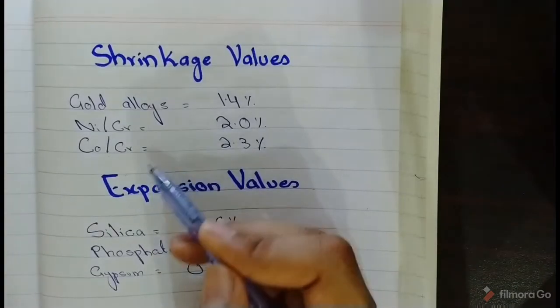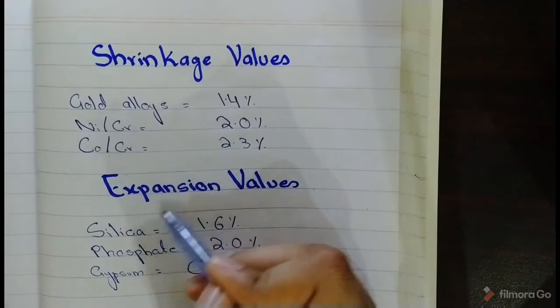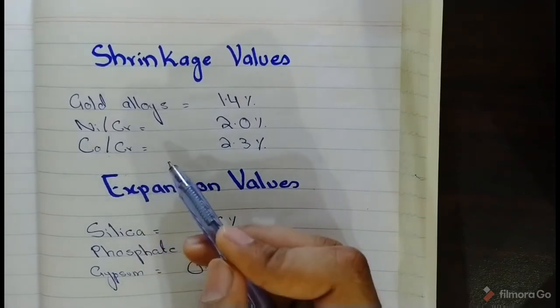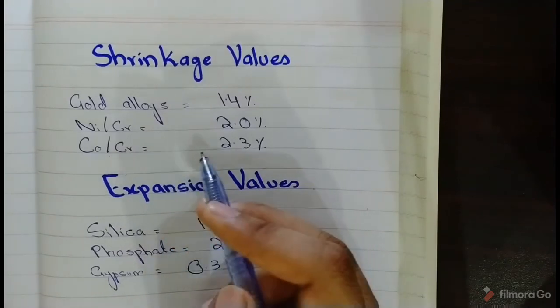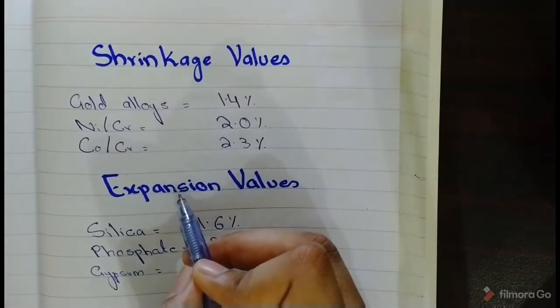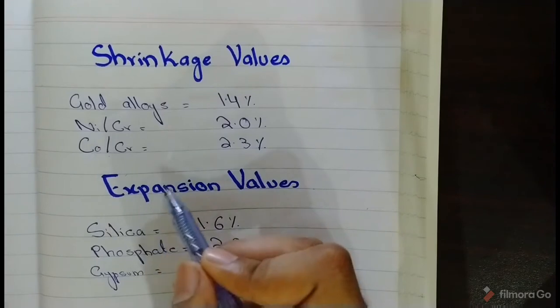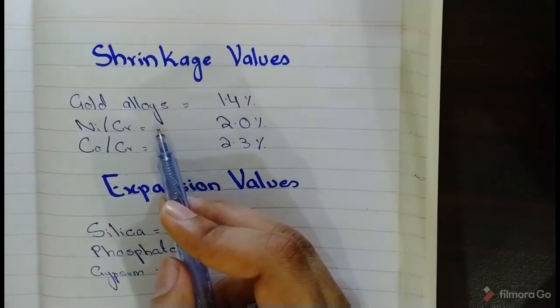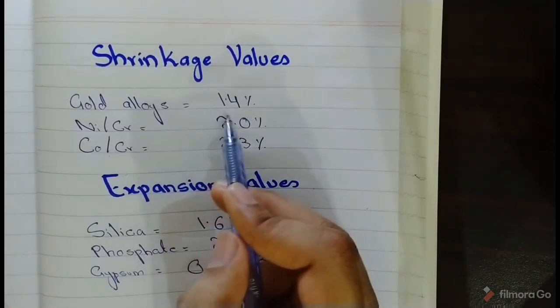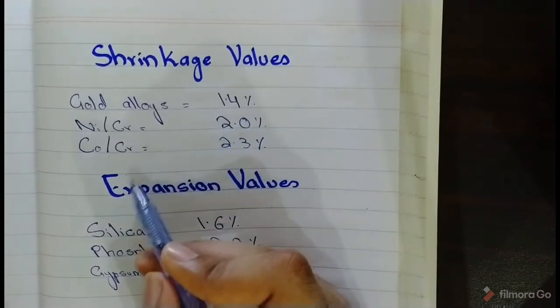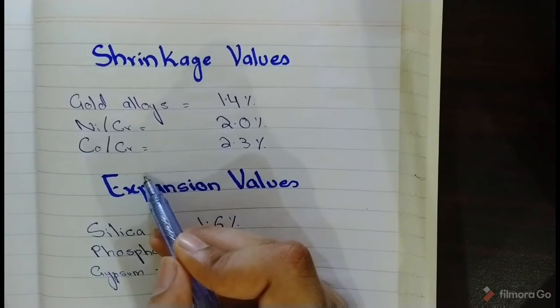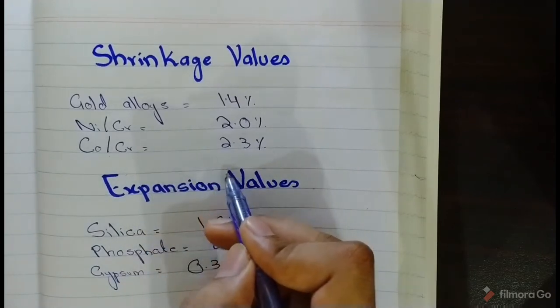As we know, shrinkage is compensated by expansion, so it is necessary for all of us to memorize the values of shrinkage and expansion of different alloys. Gold alloys shrinkage percentage is 1.4%, nickel chromium alloys shrink 2%, and cobalt chromium alloys shrink 2.3%.